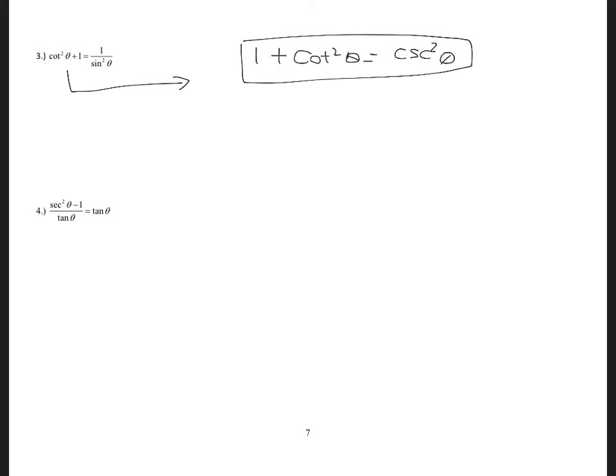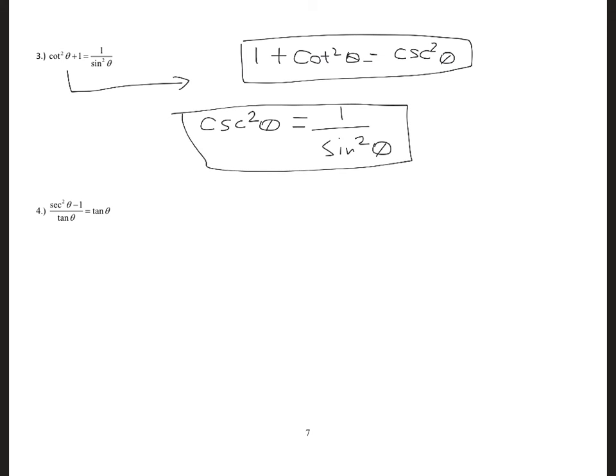So here I'm going to write cosecant squared theta in place of cotangent squared plus 1. And see, this is the same as 1 over sine squared theta. So I have shown that both sides are equal, same as what I have on that side. Okay, we do the last one here.